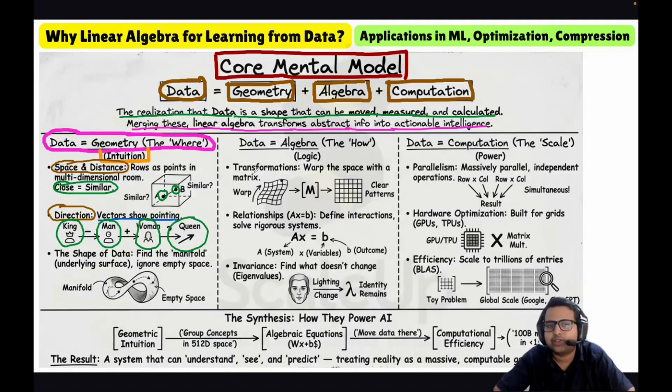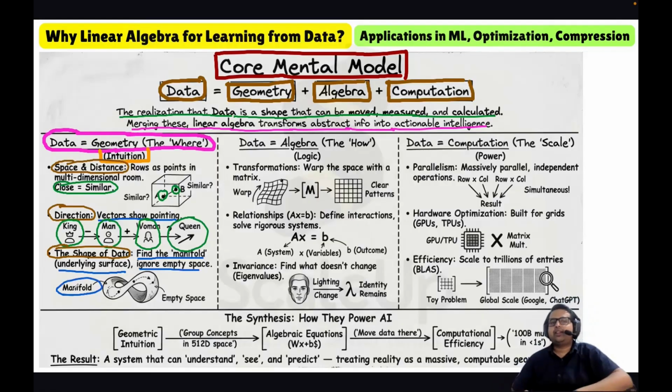Because data as geometry means we are treating data not just as a list of numbers, but as vectors and matrices, the shape of data. We use this geometry to find the manifold, the underlying surface that the data lives on, allowing us to ignore the empty space and focus on the patterns.